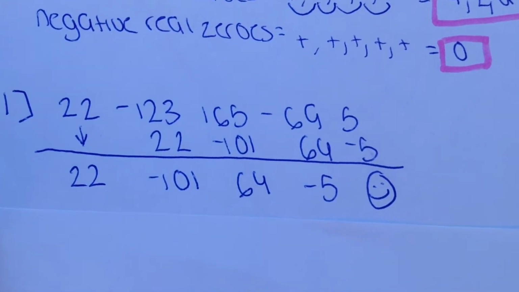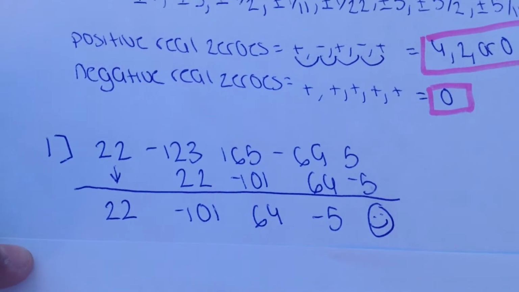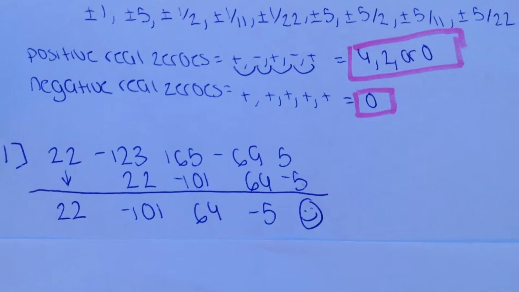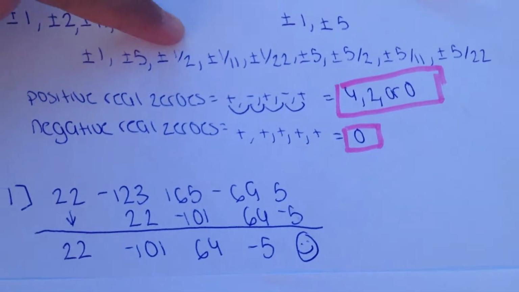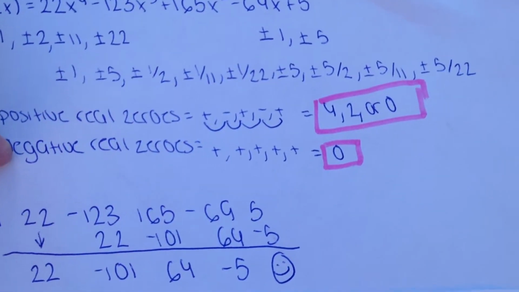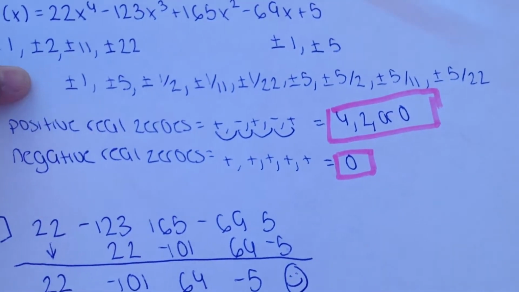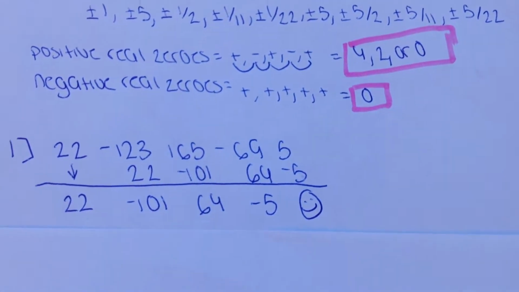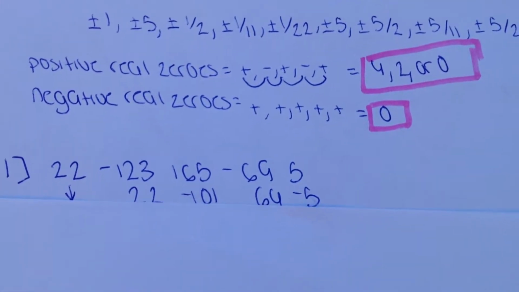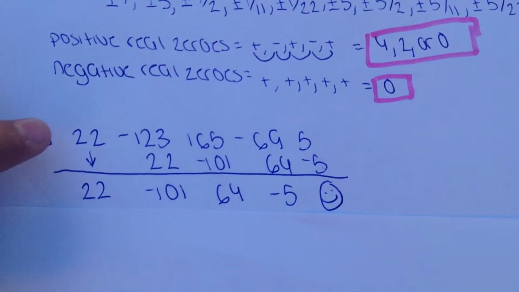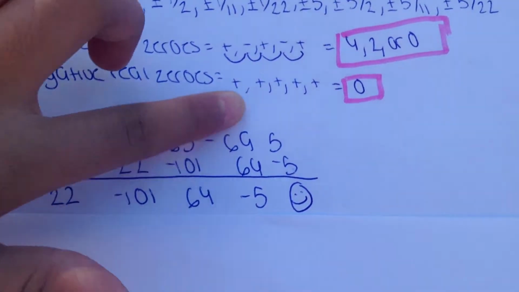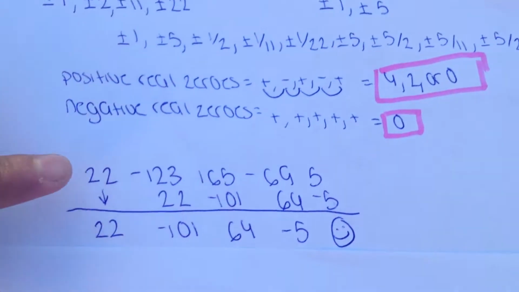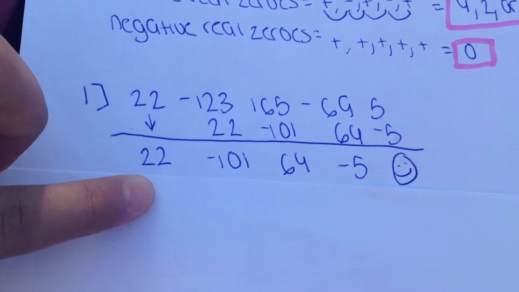So we're going to use synthetic division to factor our equation. We just pick a number that we think works, and we're not going to use any negatives because we don't have any negative zeros. So we use positive numbers and try to break it down to get a 0 here. What I used was plus 1. We bring down the coefficients of the equation, without the x's and the exponents, and you bring down 22.